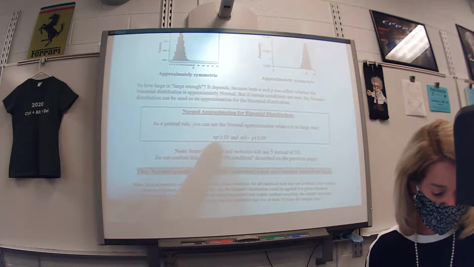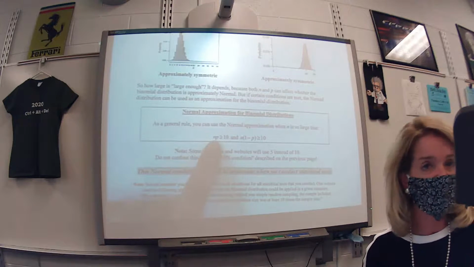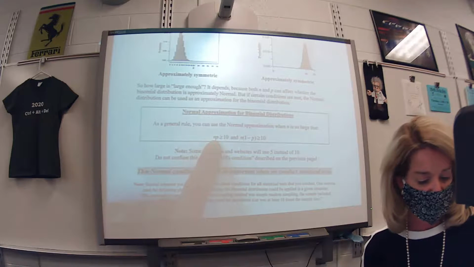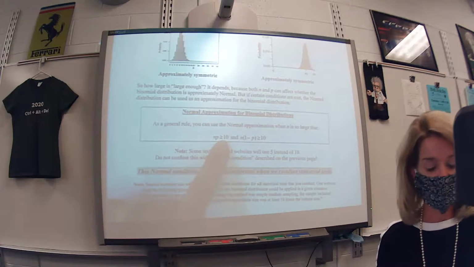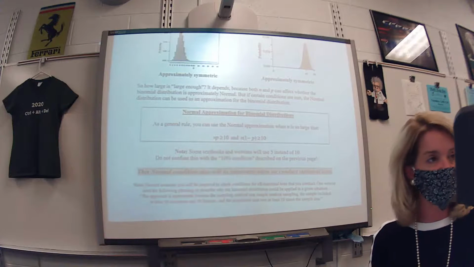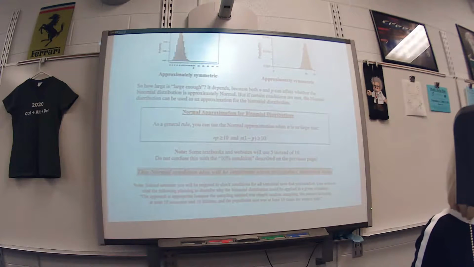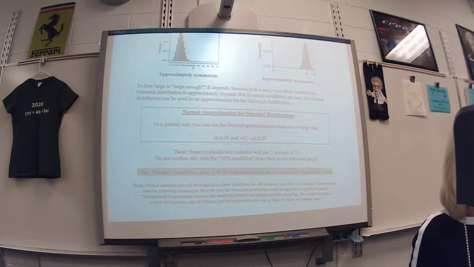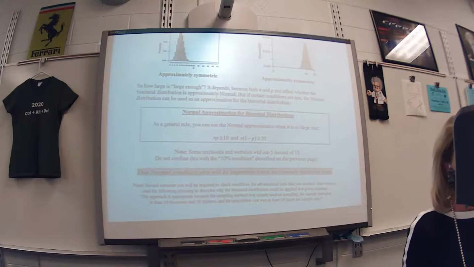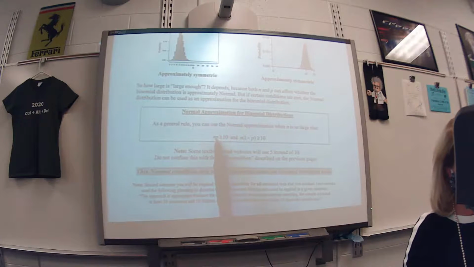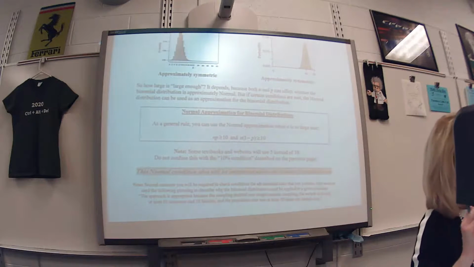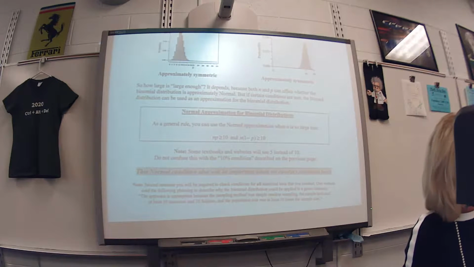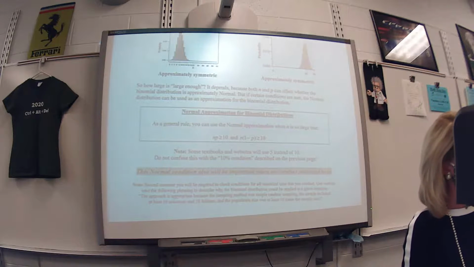And what this says is when you calculate your n times p, if that's greater than or equal to 10, and at the same time n times 1 minus p is also greater than or equal to 10, then you're probably safe enough. It means that even if your p or your 1 minus p are off balance, your n size might be saving you a little bit.